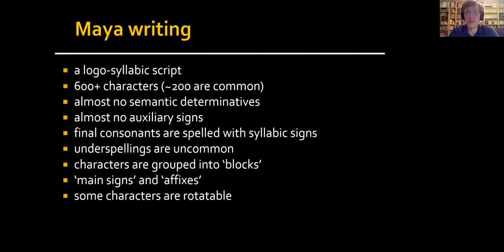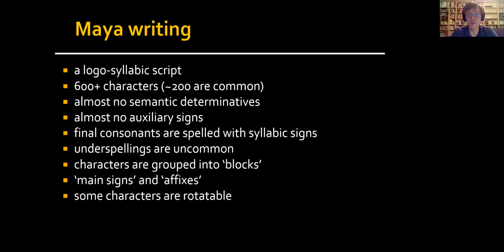And now writing. Writing is a logosyllabic script. As you remember, there are signs for words and there are signs for syllables. About 200 characters are common, and about 500 characters or so are consistently in use, at least in the known monuments.